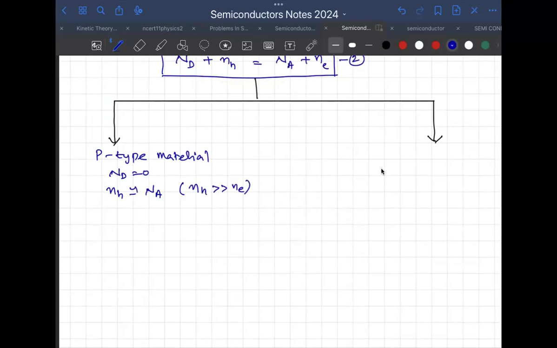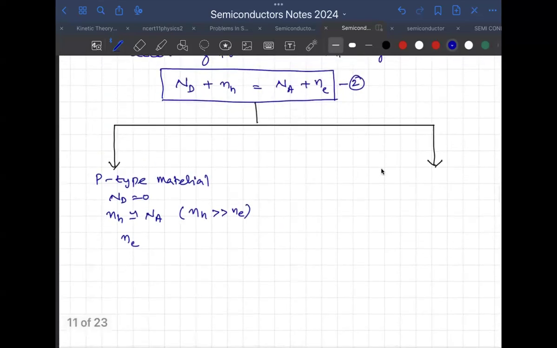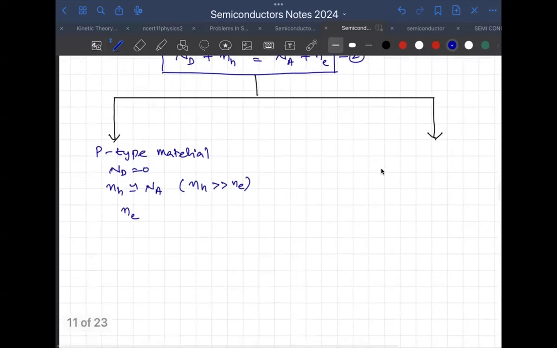And therefore, for mass action law, NA plus Ne almost becomes NA. So from this I can say Ne is Ni square by NA.